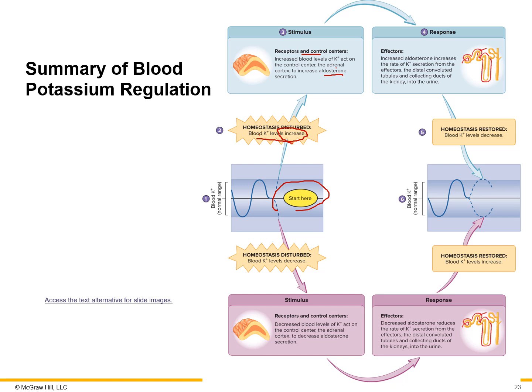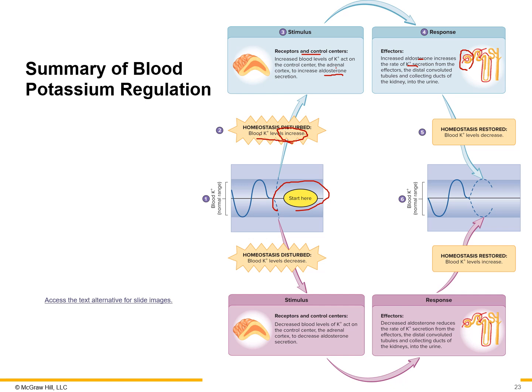The effect of aldosterone is going to increase the rate of potassium secretion. So if we have too much, aldosterone is going to cause those nephrons to secrete it into the collecting ducts and then ultimately out through the urine. So having too much potassium, aldosterone gets activated, aldosterone causes secretion, brings it back down.